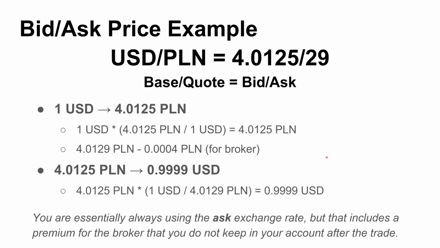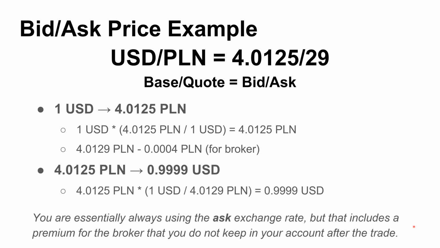Next, use the ask price to convert whatever amount of Polish zloty you have in your account to US dollars. To do this, divide your current account value of 4.0125 PLN by the ask price of 4.0129 PLN. You end up with less than $1, representing the impact of broker fees.